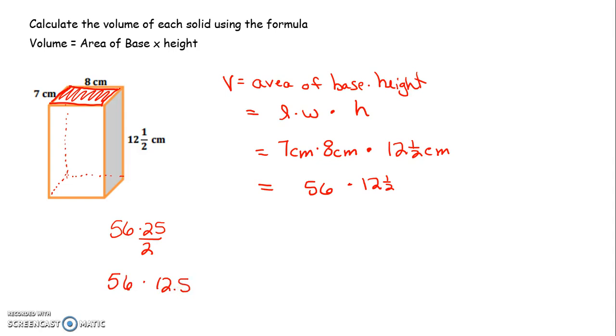Can you imagine? 56 times 12 and a half, 700. 700 cubic centimeters. If we drew in little centimeter cubes here, how many little centimeter cubes would it take to fill up this space? It would actually take us 700 little centimeter cubes to fill up that entire space.